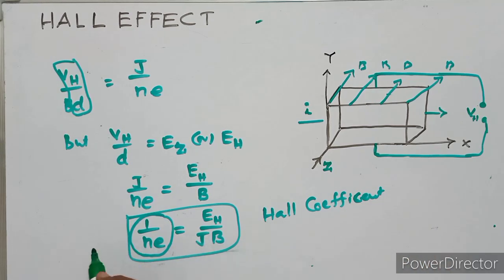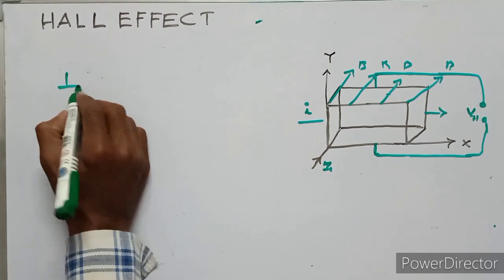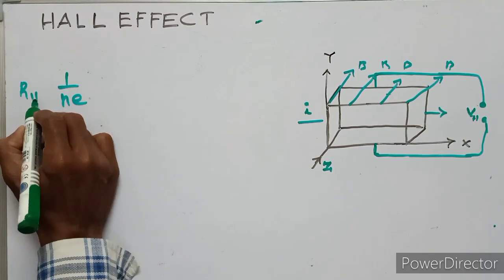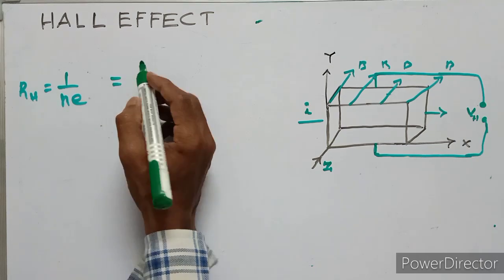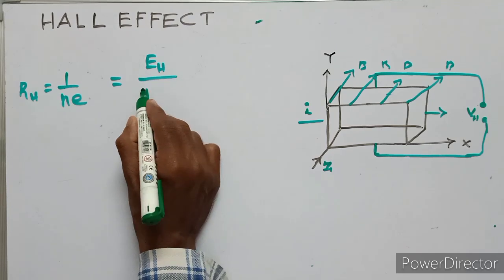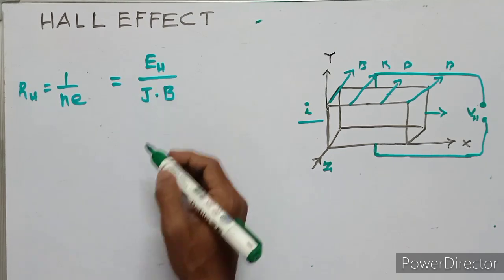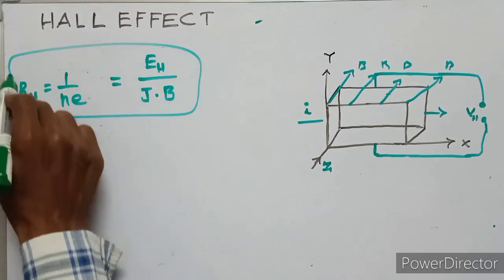The Hall coefficient is denoted as R_H. R_H is equal to 1 upon n e, which is equal to E_H upon J B. Hence the Hall coefficient is defined as the ratio of the Hall electric field to the product of current density and magnetic field. This is the Hall coefficient.